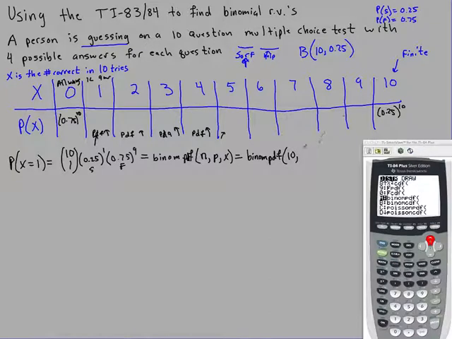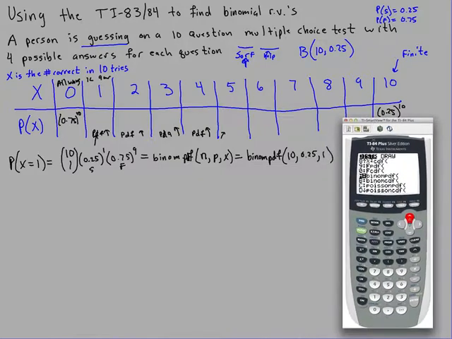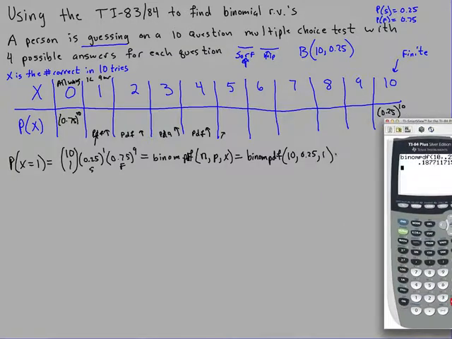We have 10 questions. What's the probability of success? That's 0.25. And how many successes do I want? One success. So I'd enter binomial PDF, 10, comma, 0.25, comma, 1. Close parenthesis and enter.